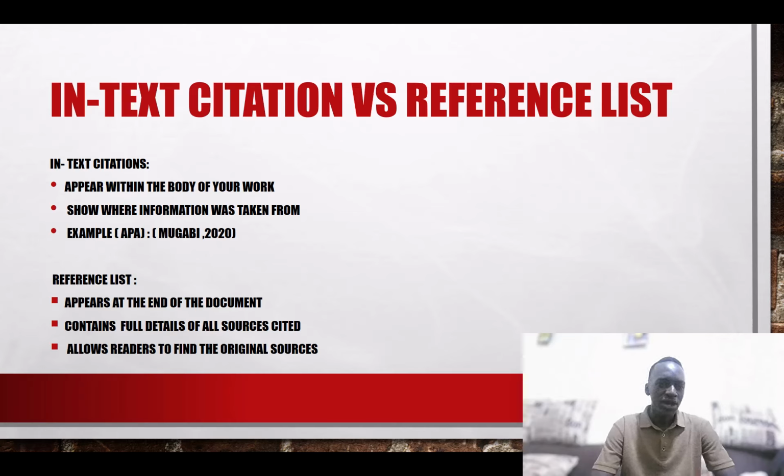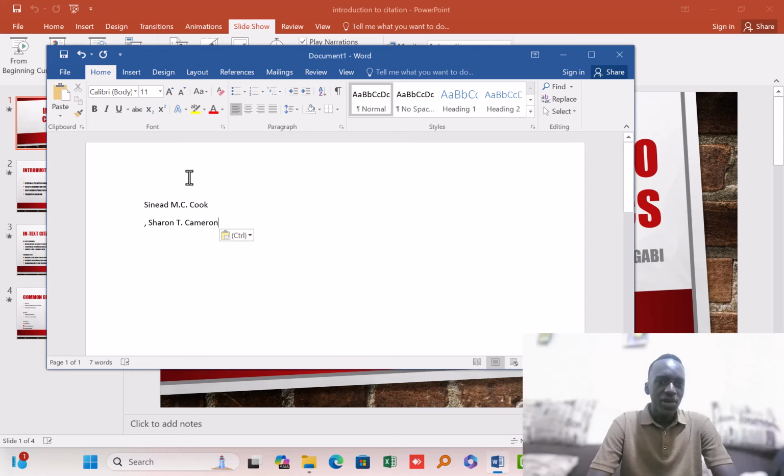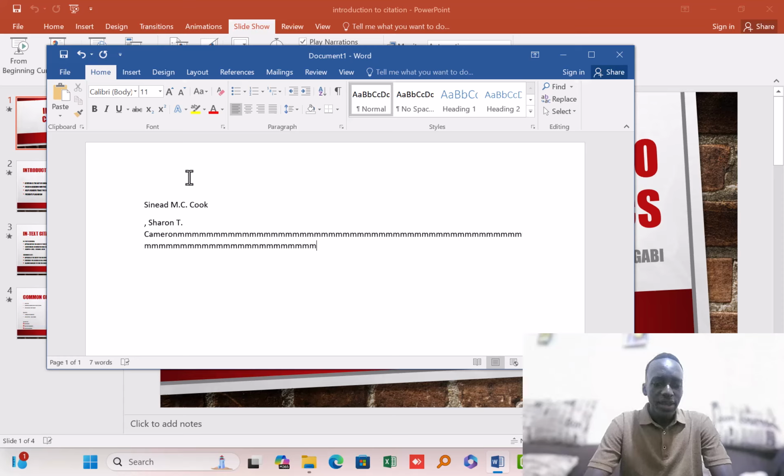Let's say, for instance, you have such information, and just after what you have written, you have the citation, maybe Mugabe 2022, right after the information that you have come up with.